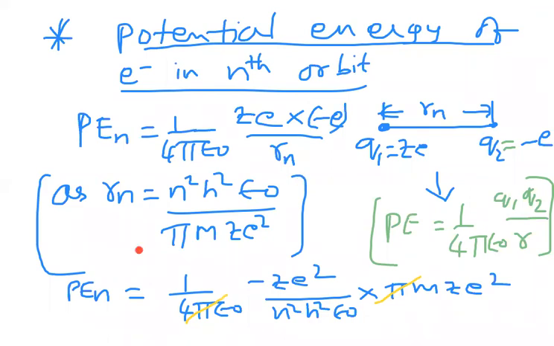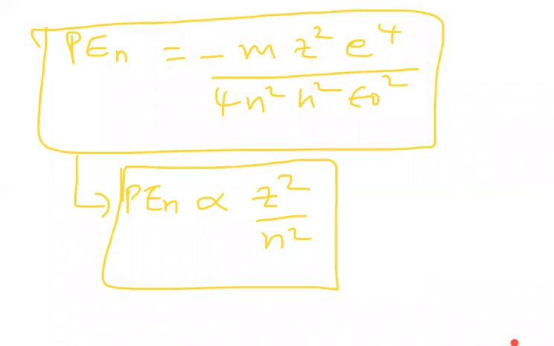By substituting the Rn value here, you will get the final expression for potential energy as minus m z square e power 4 by 4 n square h square epsilon naught square. Here m, e, h, epsilon naught and 4 are constants. Potential energy is proportional to z square by n square.